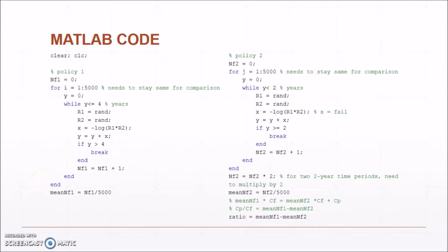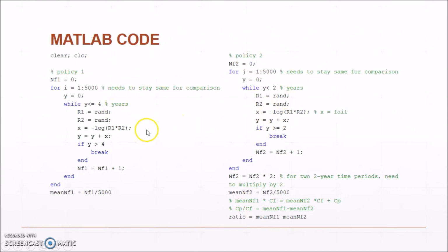So in order to find the condition where the preventative replacement plan is to be preferred, we're going to look for a ratio of CP divided by CF, so the preventative cost divided by the failure cost. In our code, we're comparing the two different policies.